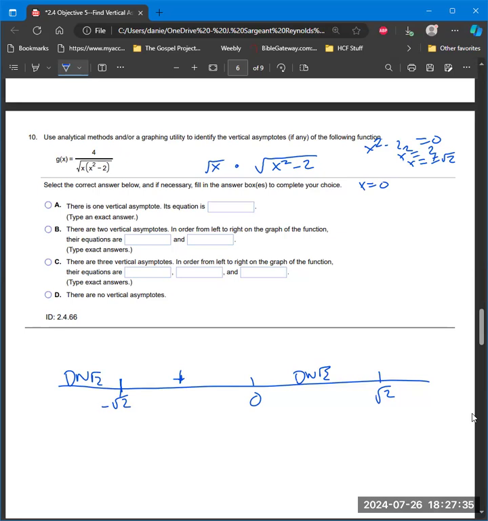And then over here is going to be 2. That's going to be okay. So my asymptotes are at these 3 places here, but they're only one-sided, and they are, let's see, x equals negative root 2, x equals 0, and x equals positive square root of 2.